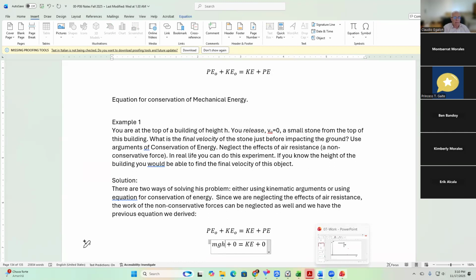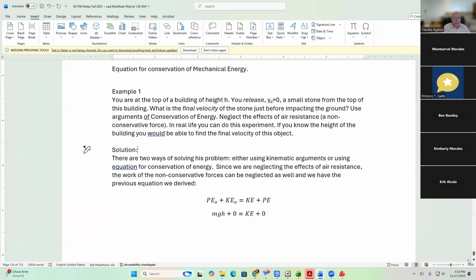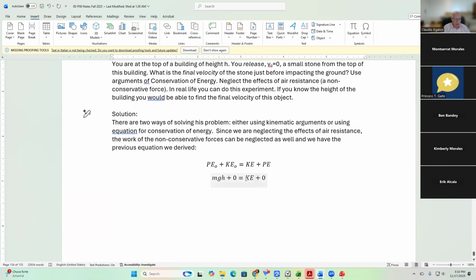We want to find the final velocity. And the kinetic energy has the final velocity inside, right? So if we calculate the final kinetic energy, we will be able to find the final velocity.